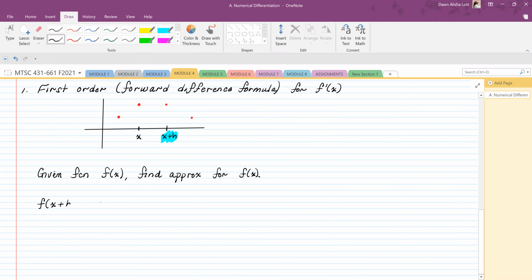We can also talk about the first order backwards difference formula.